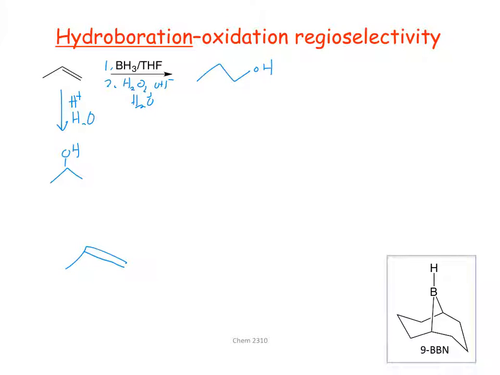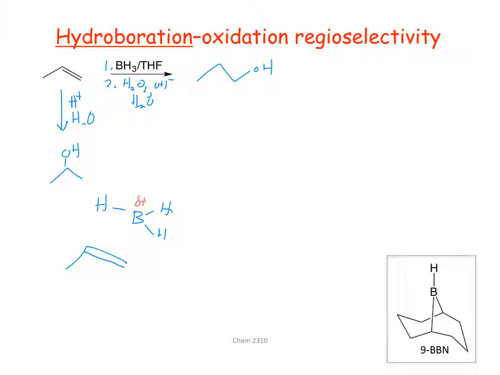Okay, so here's our alkene, and borane reacts with it like this. So again, let's think about borane first. I'm going to write it out here. For borane, it's different than most of the other things we've looked at, in that it has some polarized bonds, but it turns out that the boron is the more electropositive element.